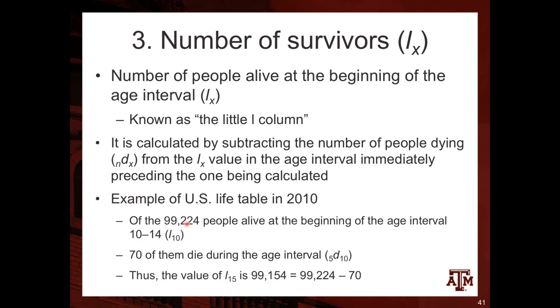So it's 99,224 minus 70. 99,224 people reach exactly age 10. 70 people died between ages 10 and 14. So we will have exactly this number of people reaching exactly age 15. So that's how the little lx column is estimated.